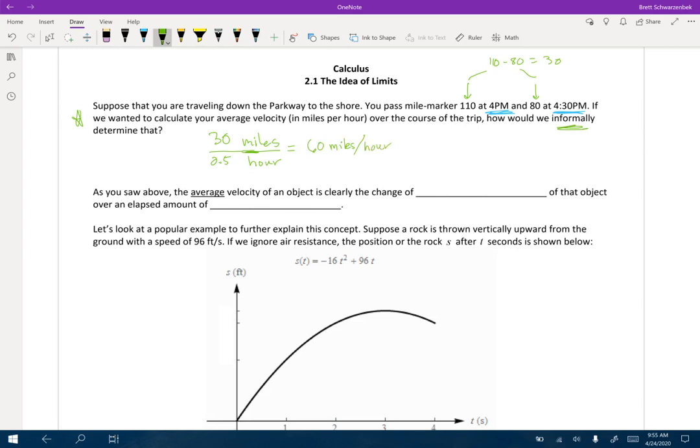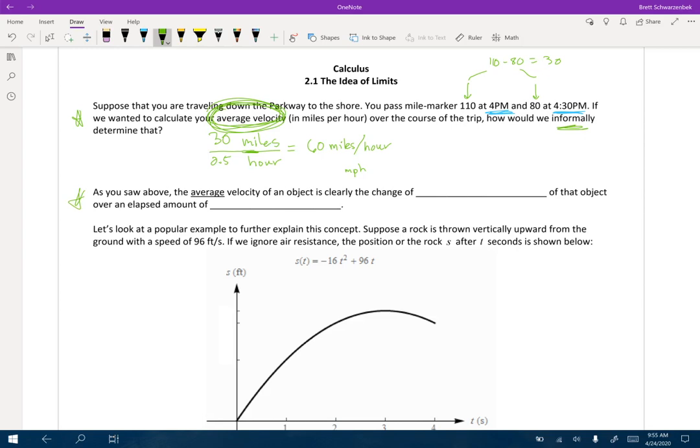Obviously, we use MPH as shorthand, but that's essentially the miles per hour. So right now we have an informal definition of average velocity, which is just calculating the distance traveled over the amount of time elapsed. I summarize that, but with more formal terminology below this.